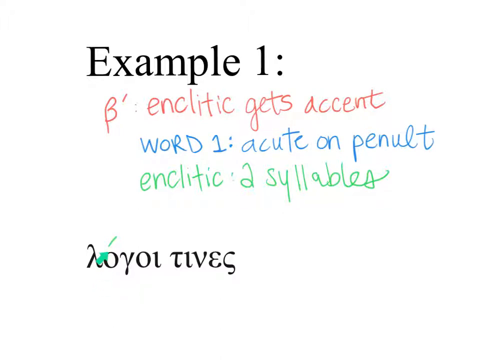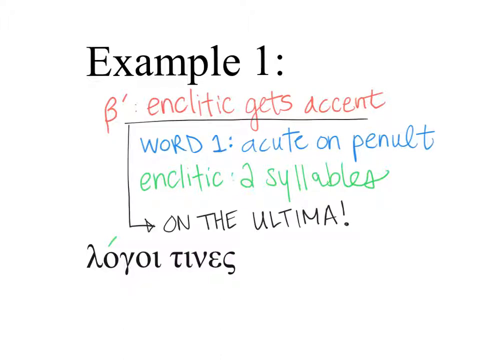Here's the penult, and yes, there's an acute. The enclitic, is it 2 syllables? Why, yes, it is. So under these circumstances, when word 1 has an acute on the penult and the enclitic is 2 syllables, then what happens is the enclitic gets an accent. And where does it get its accent? On the ultima. So let's go ahead and put that in right there. And here is how we accent logoi tines.